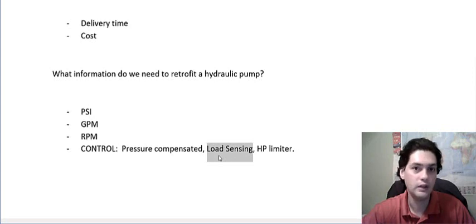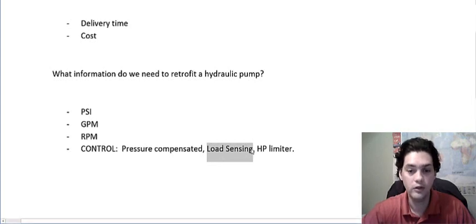Let's say you're extending a cylinder, and during that extension, your load may vary from 1,000 pounds to maybe 500 or 2,000 pounds, and the pump needs to maintain the same velocity even though the load is changing. So a load sensing control just senses the load in the system, and it maintains a certain speed during the changes of the load. That is a load sensing control basically.